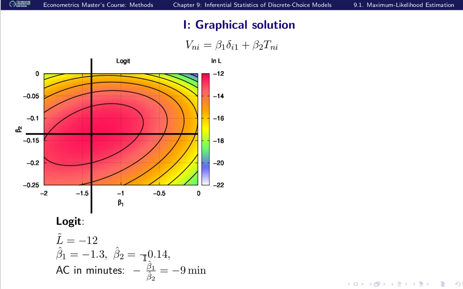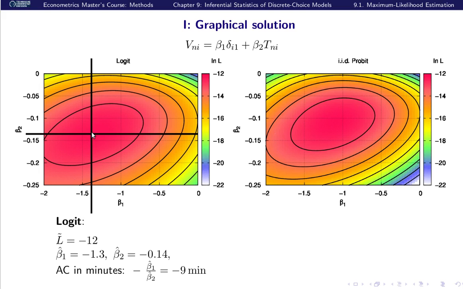Beta 2 is minus 0.14, so this is 0.15, that is 0.1. So these are the maximum likelihood estimates, which can be done directly graphically for this case. That's, by the way, also a good problem for oral tests and maybe also for internet tests.